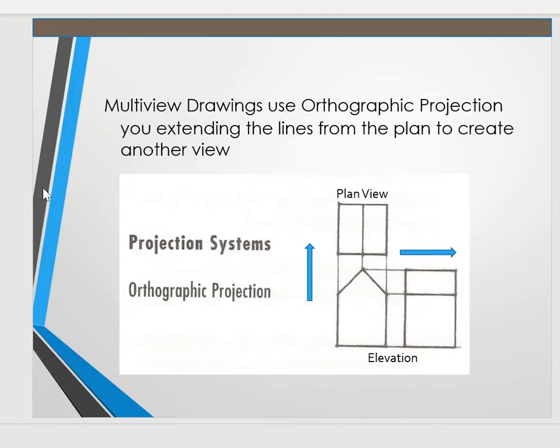So as we look at multi-view drawings using orthographic projection, what you're doing is extending the lines from the plan to create another view. So you see, I have this elevation of the front, this elevation of the side, and a plan view. You could either draw the lines down or up, but in this case, we project these lines up on each side.